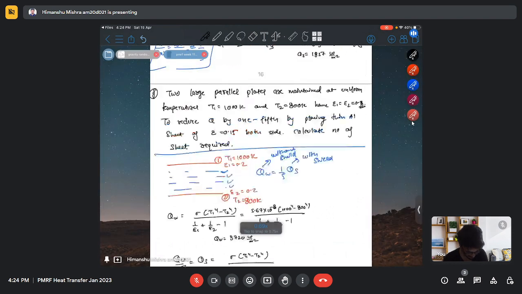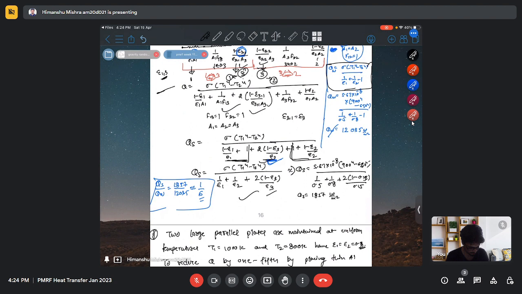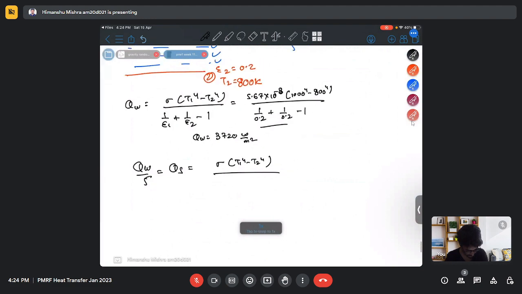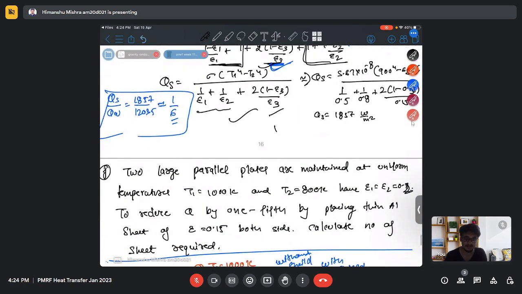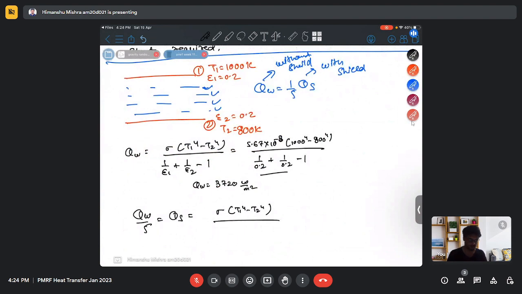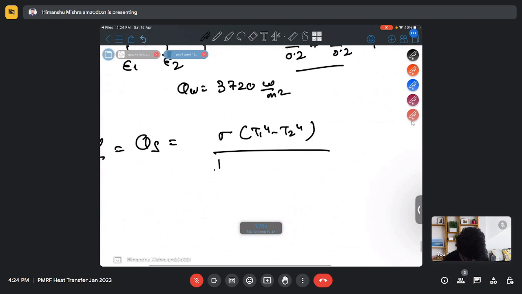From the above expression here, we derive a general expression for three parallel plates. So we can just write this part as it is. So for an unknown number of shields, the expression will be given as follows.